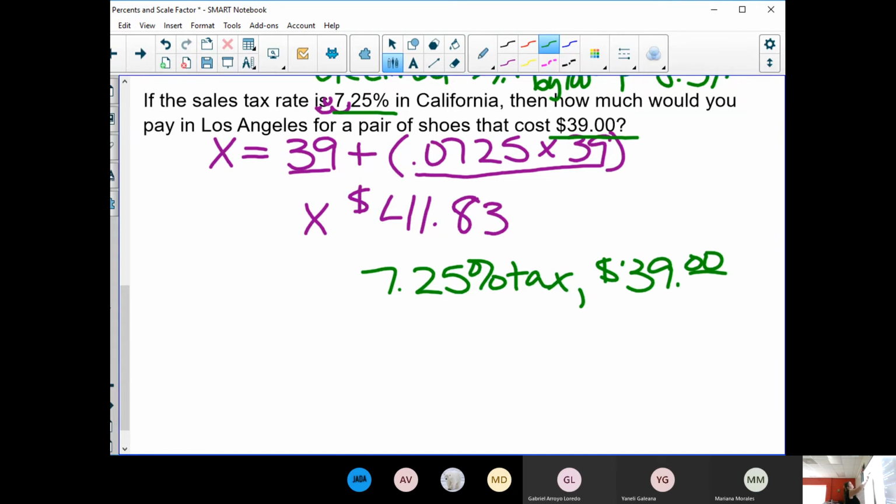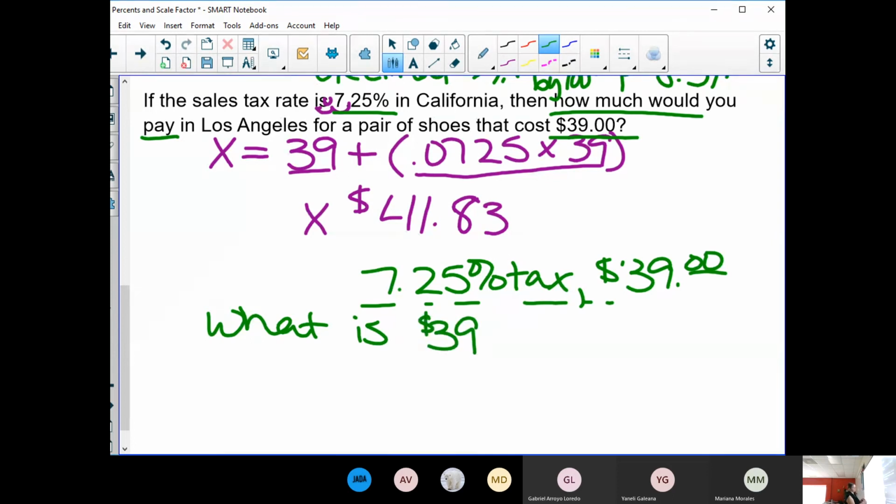And we want to know how much we would pay with these two factors, the 7.25% and the $39. So we want to know what is $39, okay, because we're going to pay $39 regardless. So we know that we have to put that in there.